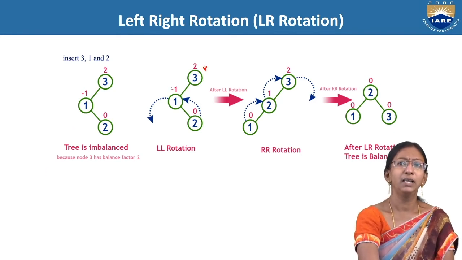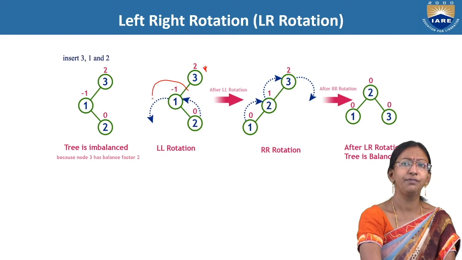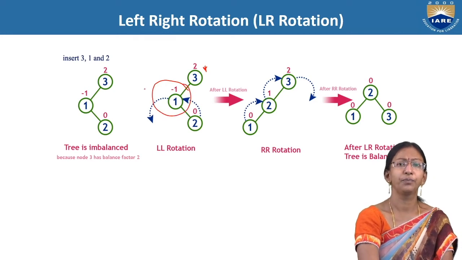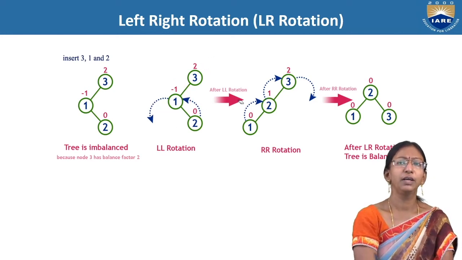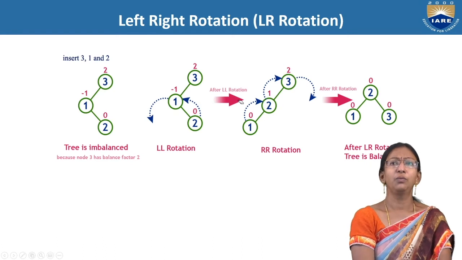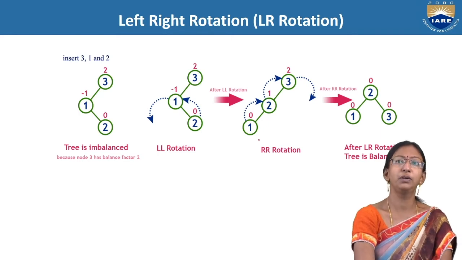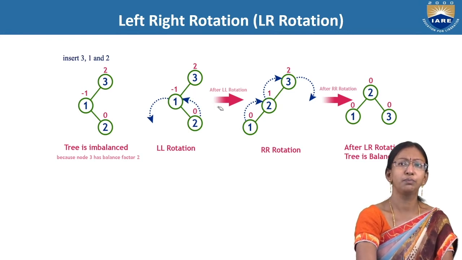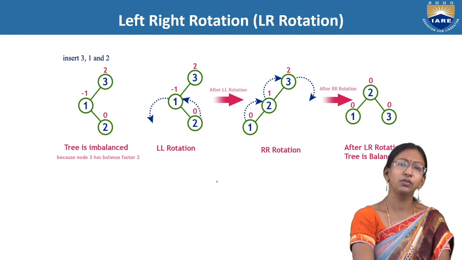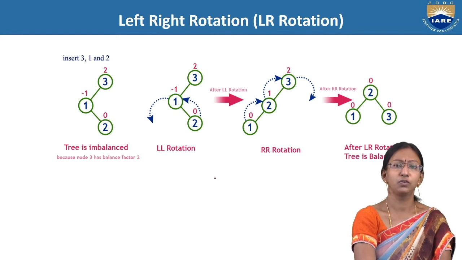And the head of its left subtree, which is 1, will be rotated towards left. Here 1 is the head of the left subtree of 3. So it will be pulled towards left. Once you pull it towards the left, 2 is going to raise its head and reach the position of 1. So 1 is going to sit as the left child of 2.